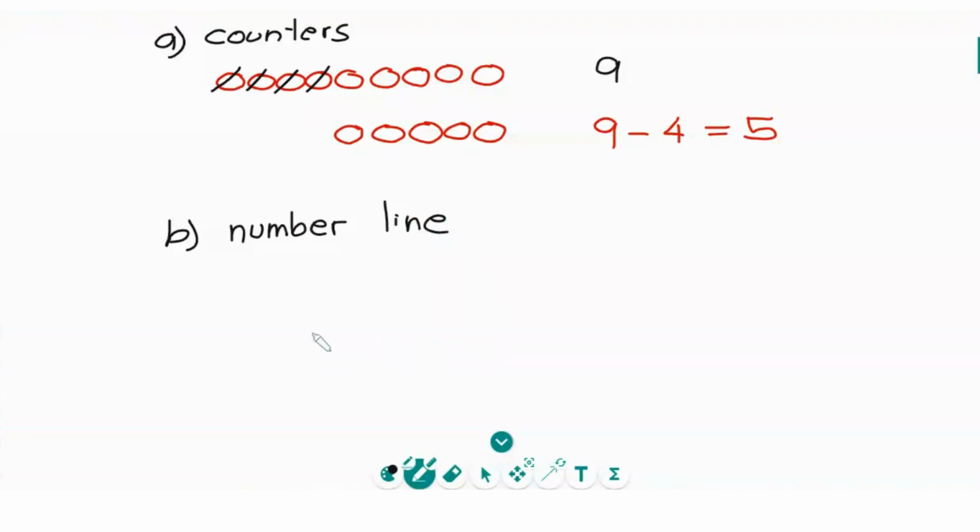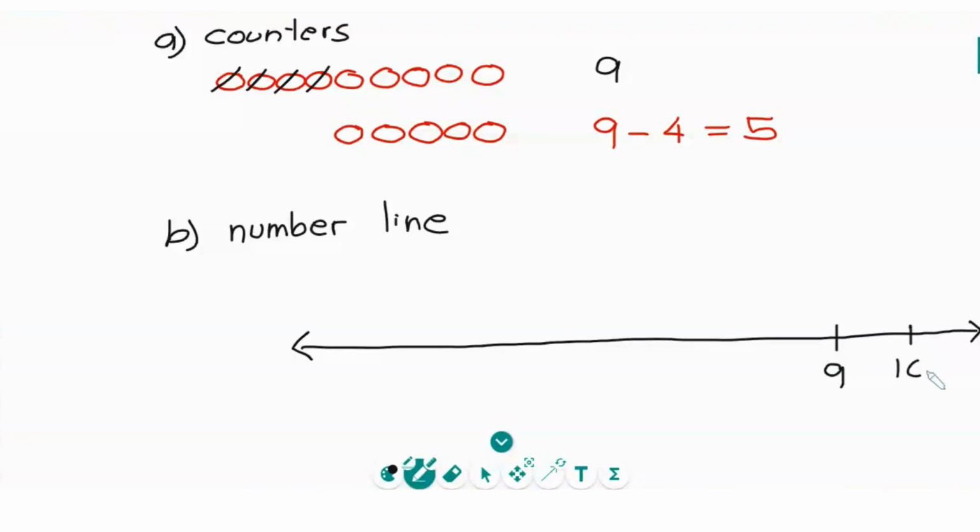To use the number line, we draw a line, and then let's say the highest number here is 9. So let's say we start here, and we're going to label this as 9, and probably here we're going to label it as 10.